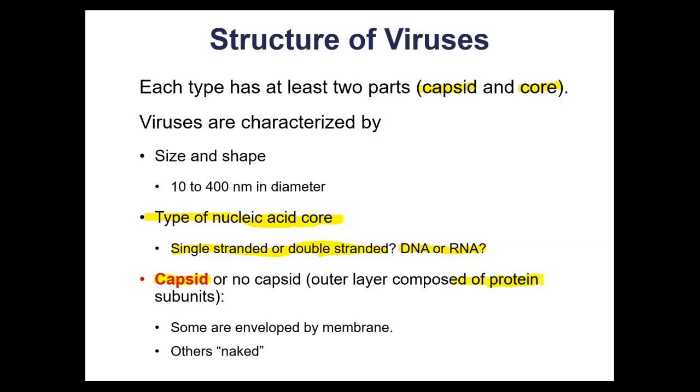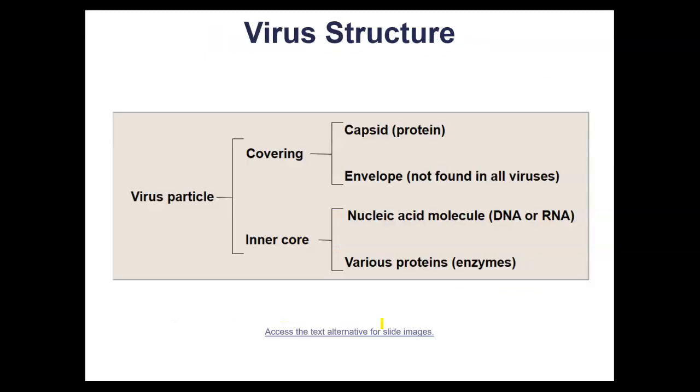The capsid is composed of protein, and then some capsids are surrounded by an additional envelope, which is composed of something similar to a plasma or a cell membrane, phospholipid bilayer type thing. But sometimes we say the virus is naked. That means that it does not contain an envelope outside the capsid.